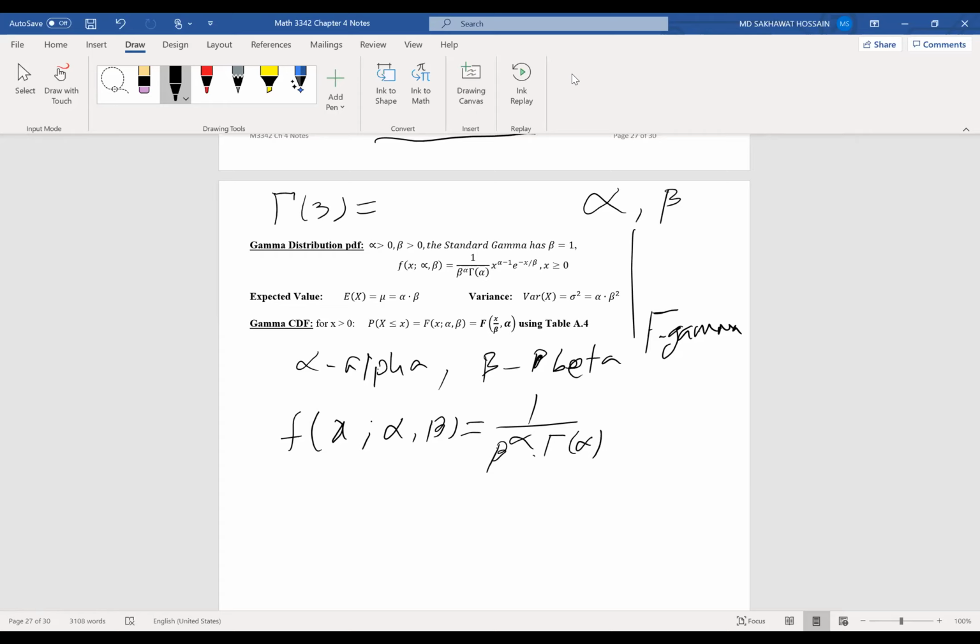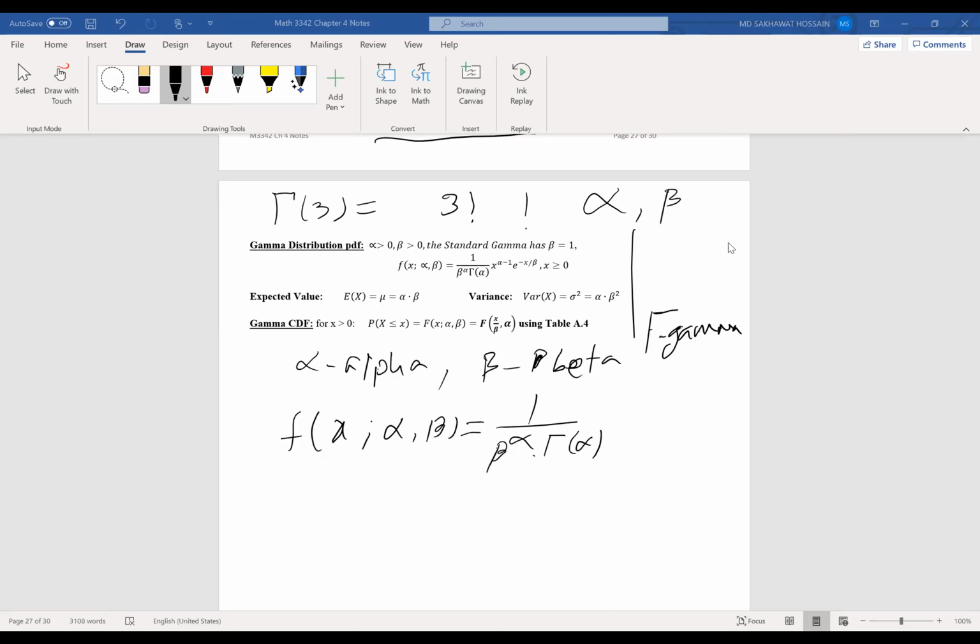I think many of you have not seen this notation yet. How many of you know factorial notation? Okay, some of you know. That's good, you have seen factorial.